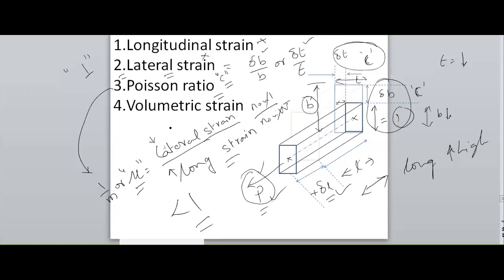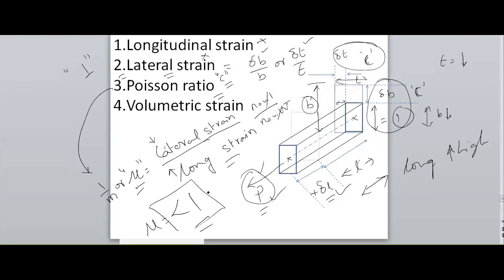Therefore, we are getting the Poisson ratio less than 1.